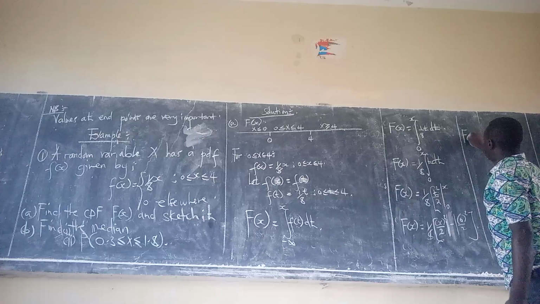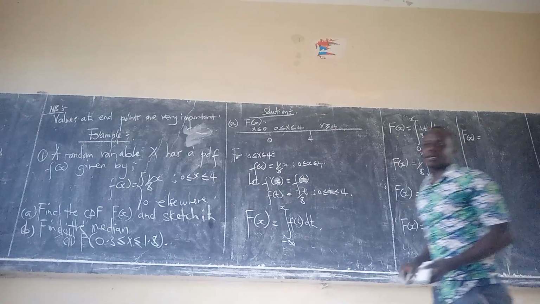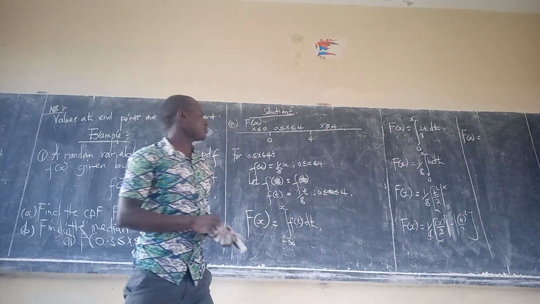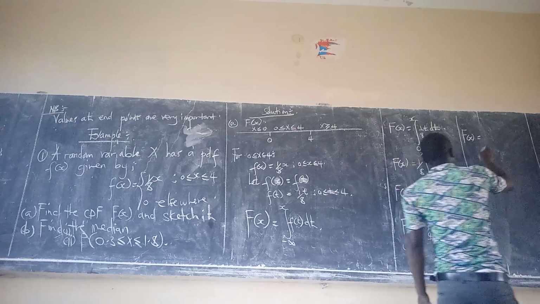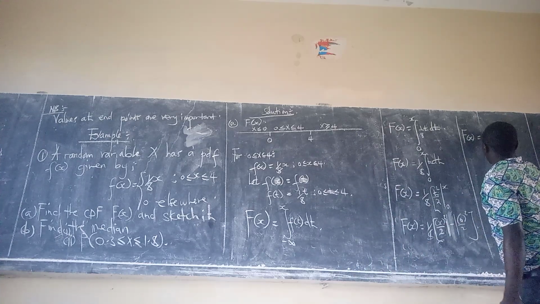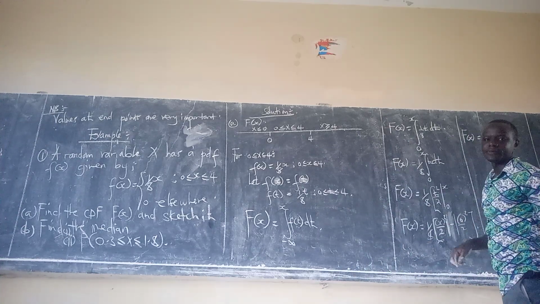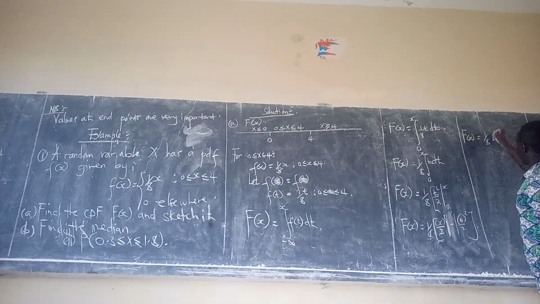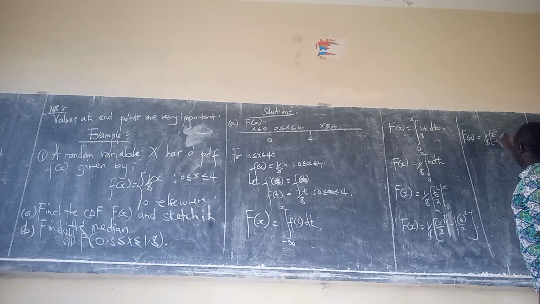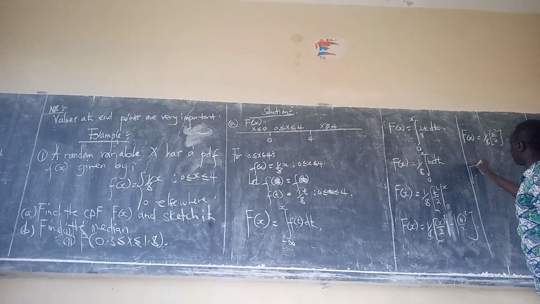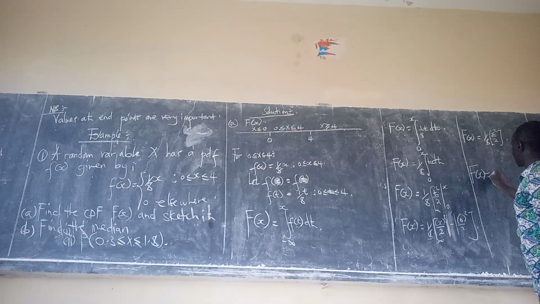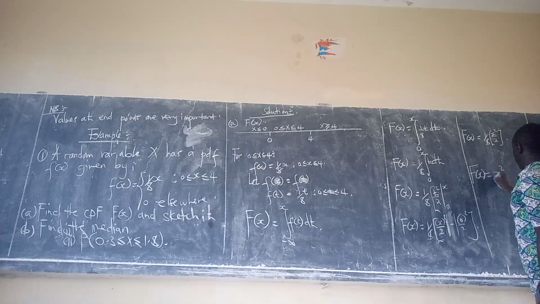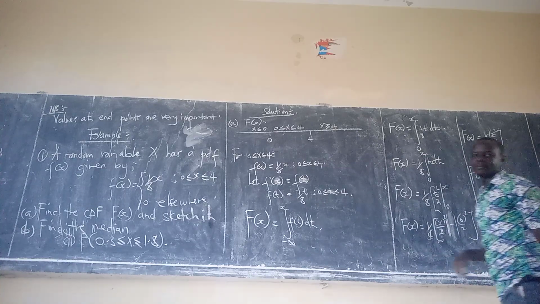So my capital F of x will definitely become 1 over 8, this one is the 0, so it is 1 over 8 times x squared over 2. And my capital F of x is now going to be x squared over 16.